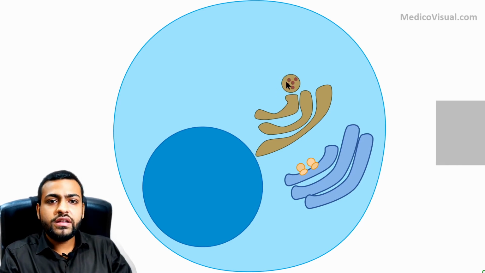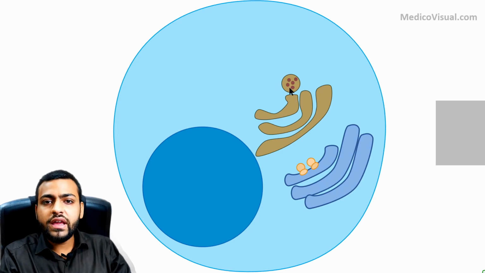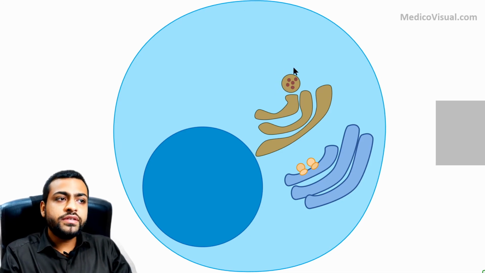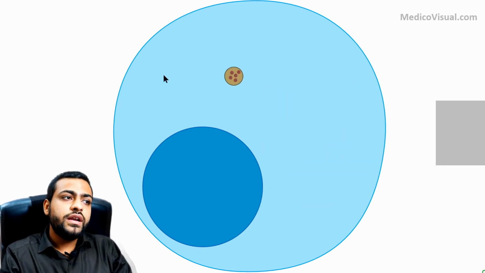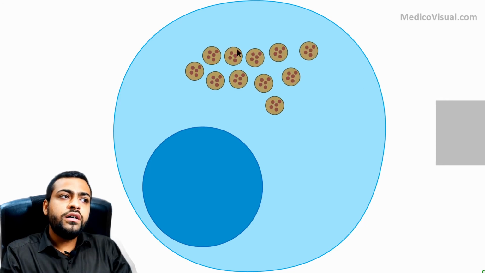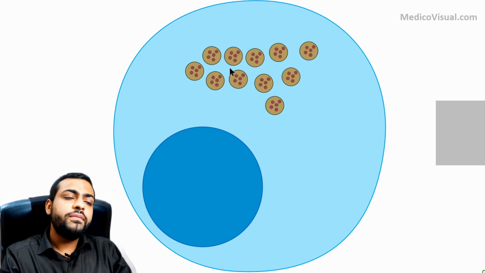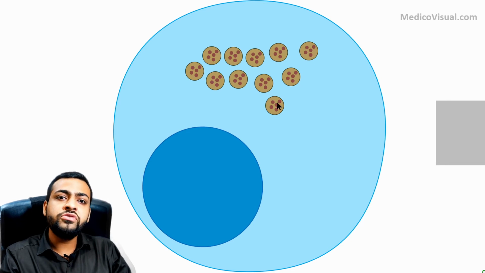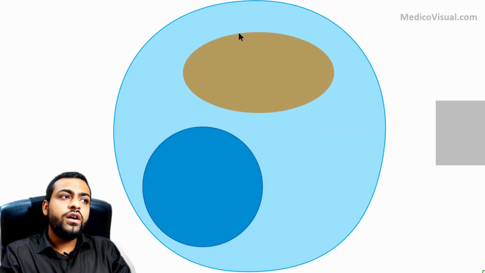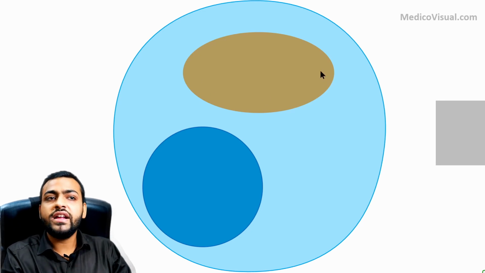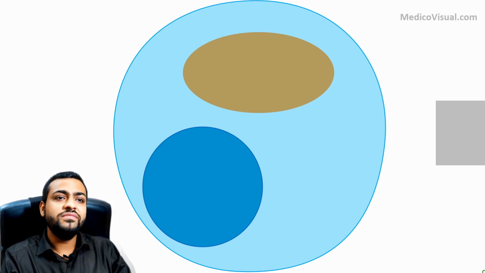So this is a secretory vesicle that contains an aggregate of lots of acrosomal enzymes, right? In this way, lots of small secretory vesicles of different enzymes of the acrosome are formed by the endoplasmic reticulum and Golgi apparatus, and they ultimately coalesce together. They fuse together to form a relatively larger sac that is called the acrosome, right?